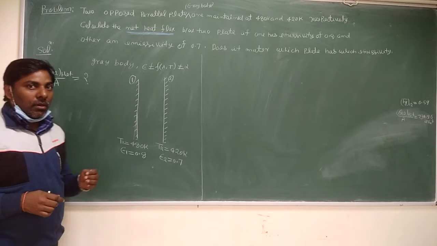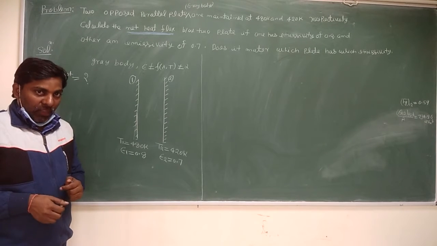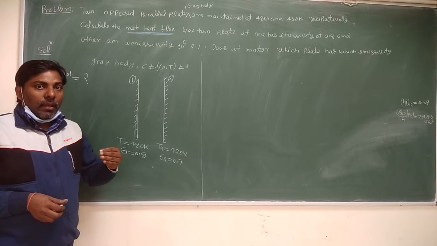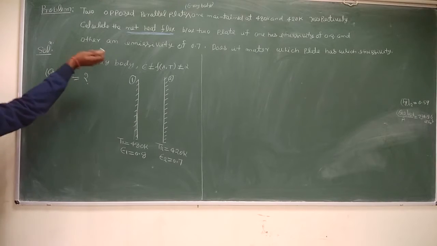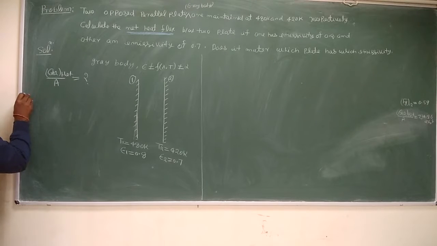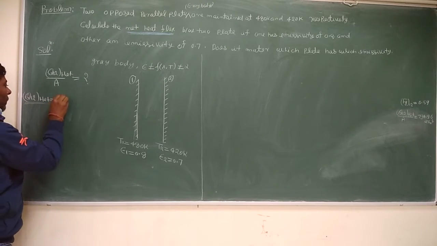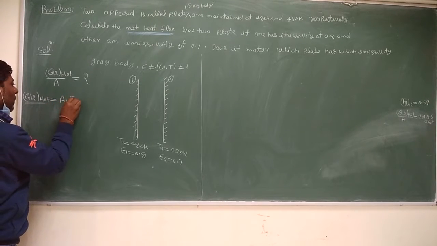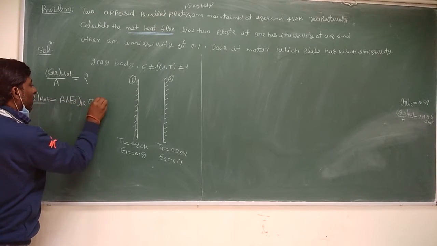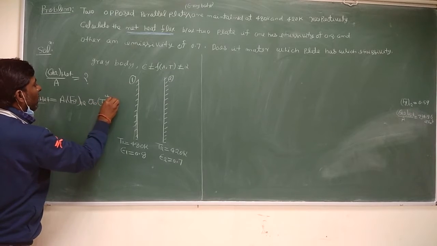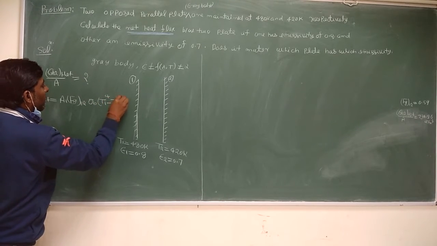So I am going to use the electrical analogy approach to solve the numerical. From the electrical analogy approach, the net heat transfer is given by A1 times the gray body factor F1 to 2 times sigma b times T1 to the power 4 minus T2 to the power 4.